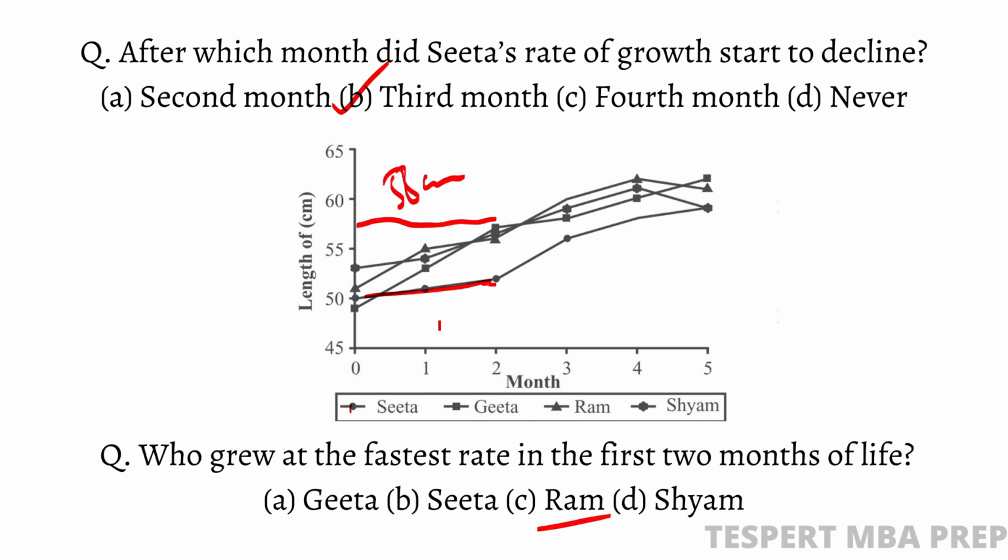If we move on to Ram, it's close to 55 centimeters, and if we move to Shyam, it's almost 56 centimeters. So by observation we can say that among all the infants, Geeta is the only child whose length was minimum at initial, but after 2 months her length is maximum. Hence her growth is maximum among all these infants.